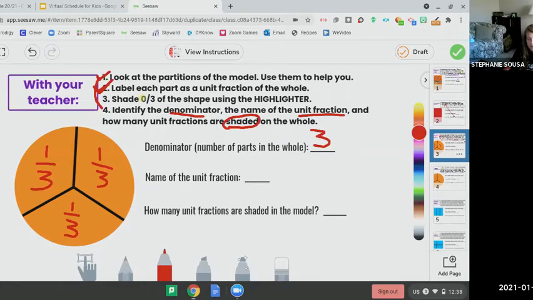Name of the unit fraction. Unit fraction is 1 part. 1 part is called 1/3. How many unit fractions are shaded in the model? Take a look. It said to shade 0. We did not shade any of them.